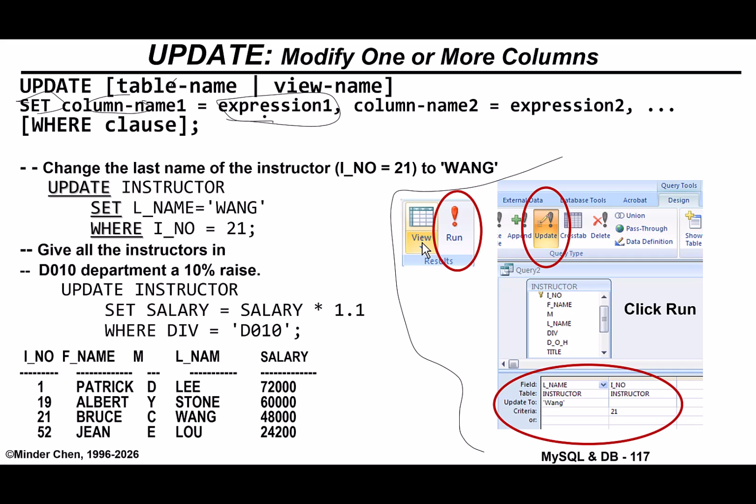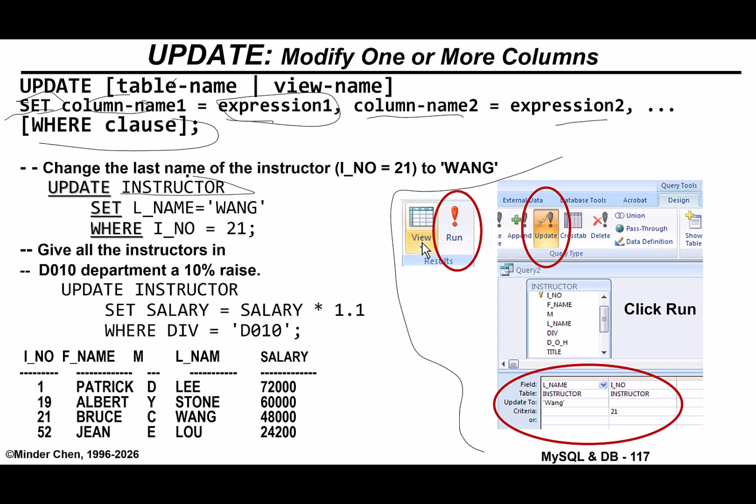So you can change multiple columns with an updated value, and you can also use the where clause to specify which rows this set clause will be used for the update. Okay. Let's look at an example.